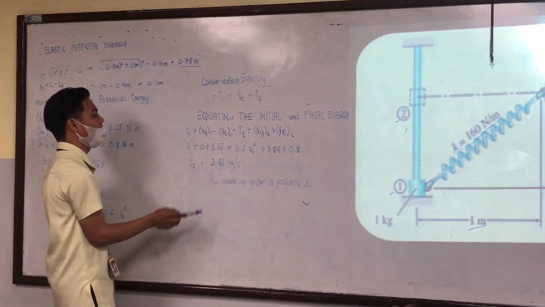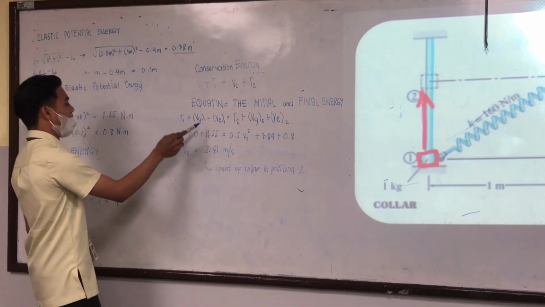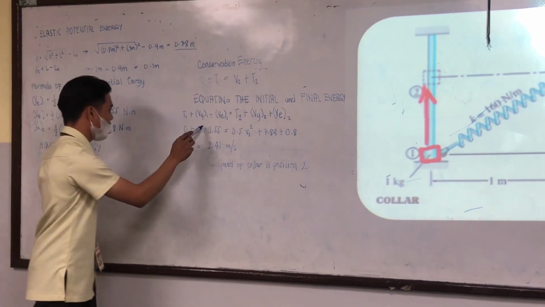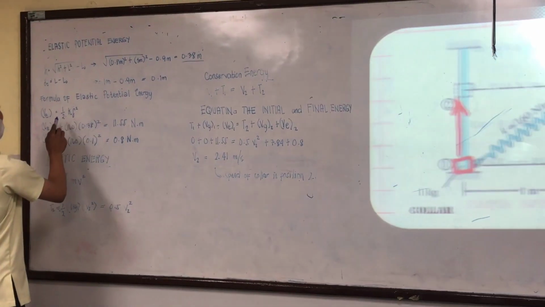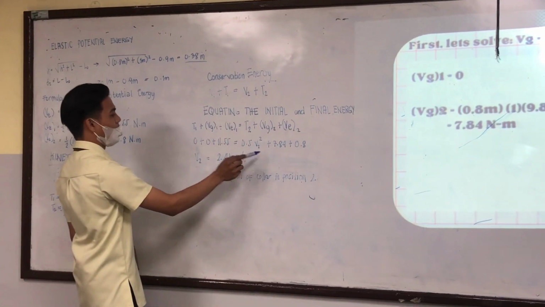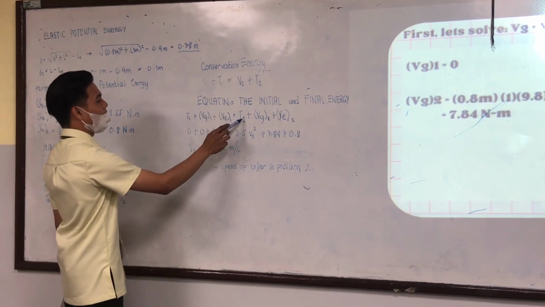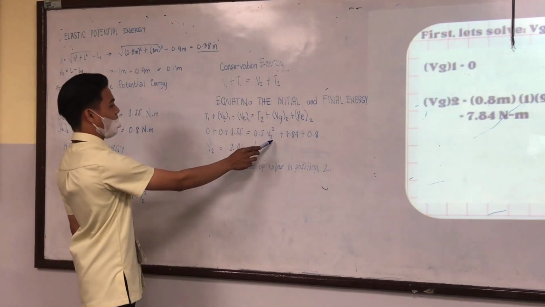So now we substitute the values. Again, T1 is constant, at rest, 0. Then VG1 is 0 also. And VE1, or the elastic potential energy, is 11.55. Then T2 is this 0.5 V squared.